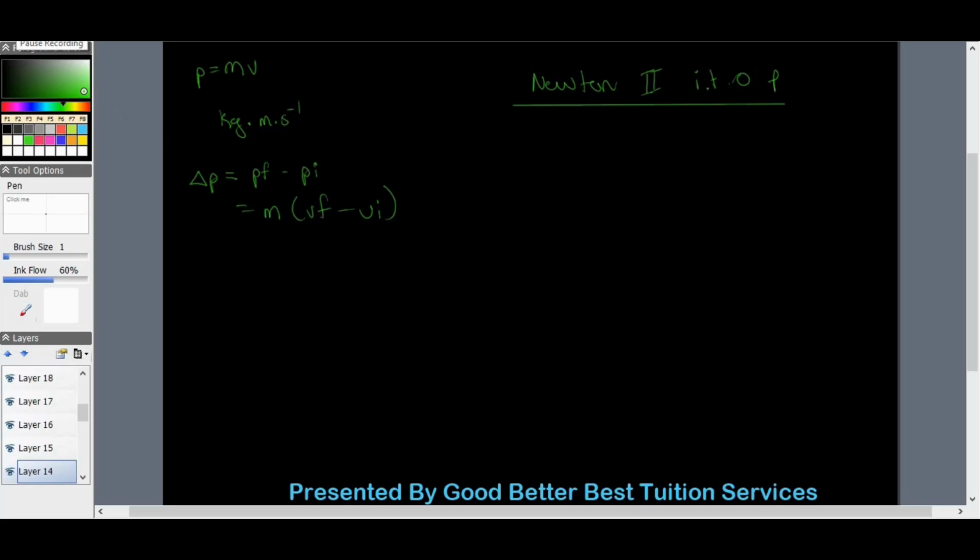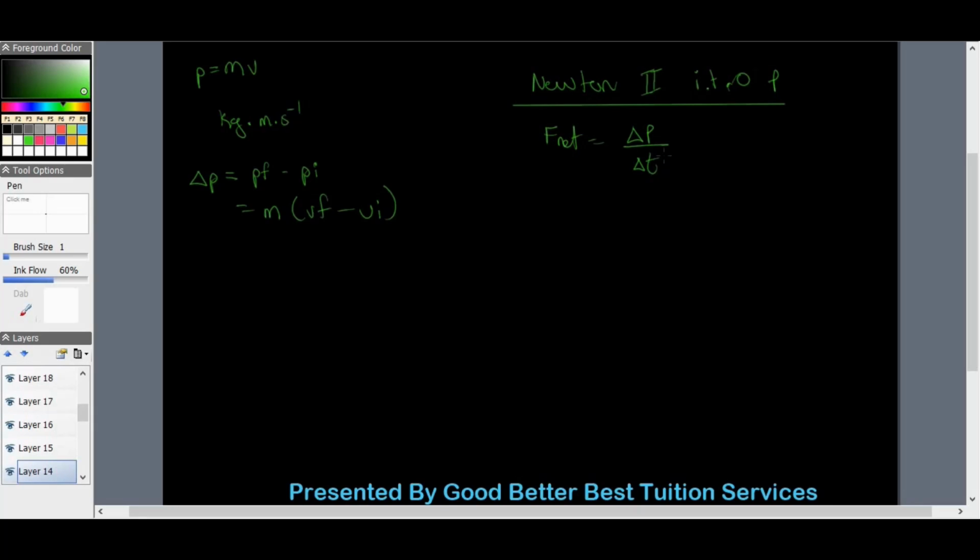Let me just check. We found that formula to be F net is equal to the change in momentum over the change in time.